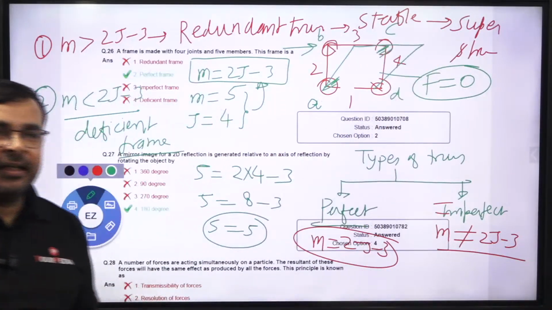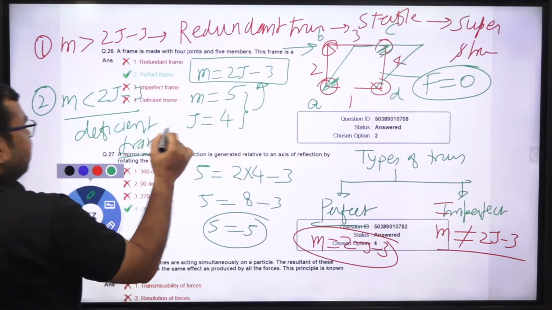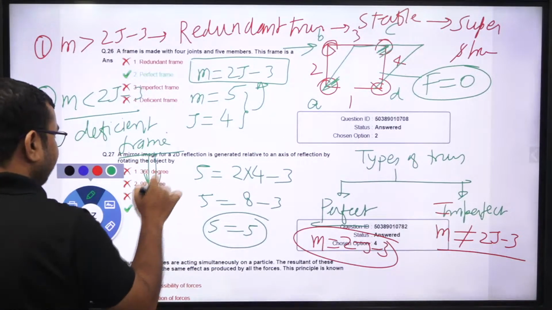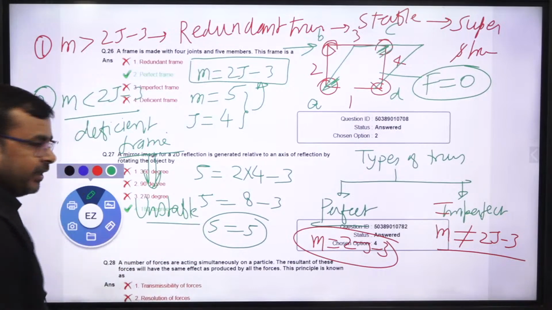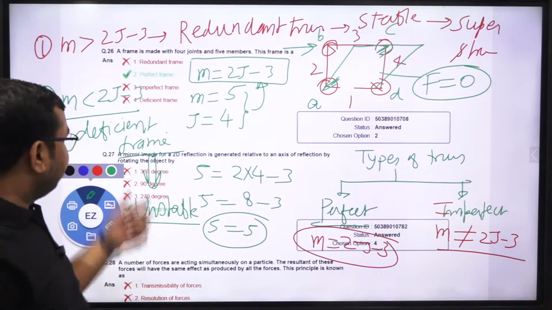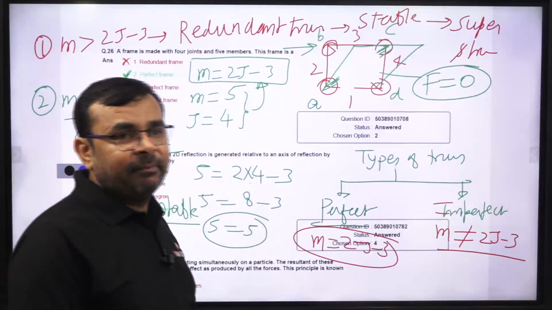Yes or no? Correct. So that's why this is unstable. This deficient truss is an unstable truss. Is it clear? This is an unstable truss. Is that clear? And it has fewer members. There are fewer members here than the actual requirement.